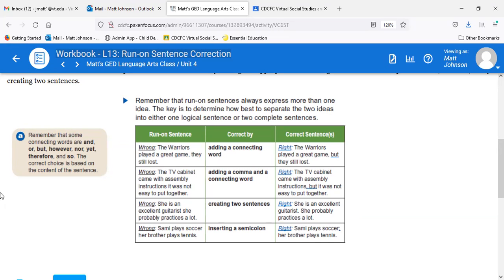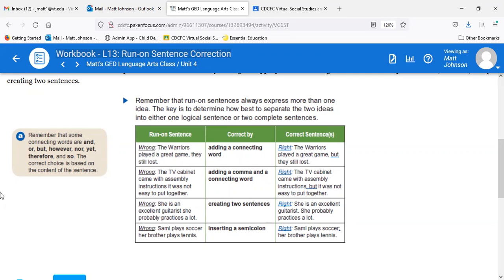The correct choice is based on the content of the sentence. That was kind of the issue yesterday when we were dealing with sentence fragments. It's like, well, we kind of have to be inside the head of the author to understand what they mean, right? How are they connecting it? Do they want contrast, or are they just adding to a sentence?